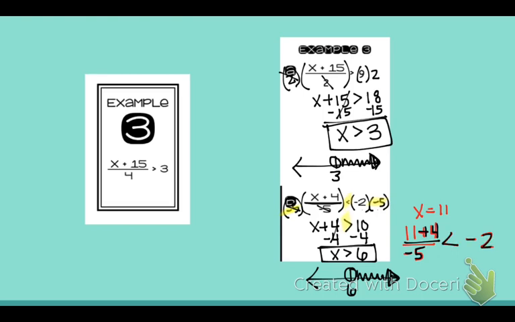Okay? So, 11 plus 4 is 15 divided by negative 5 is negative 3. Is negative 3 less than negative 2? Yes, it works. So that is part of the solution.